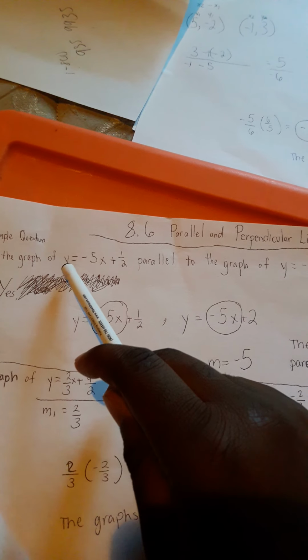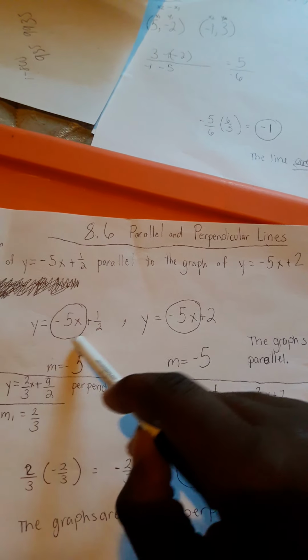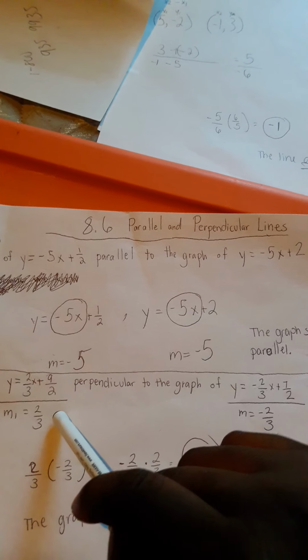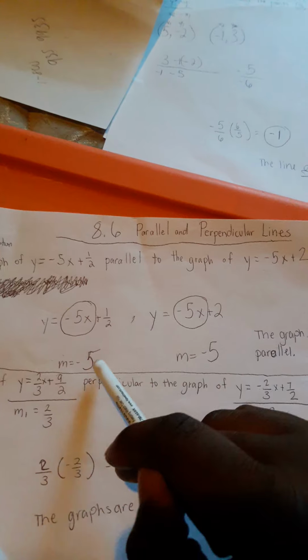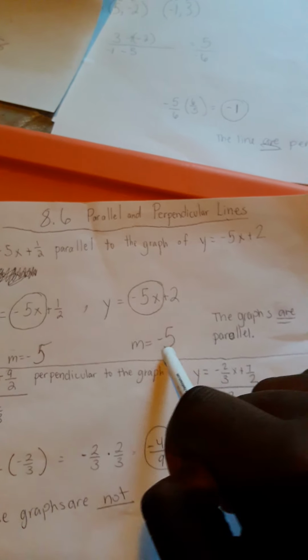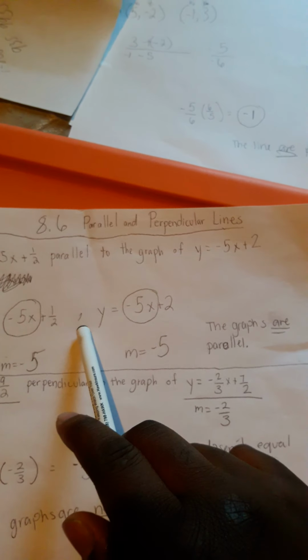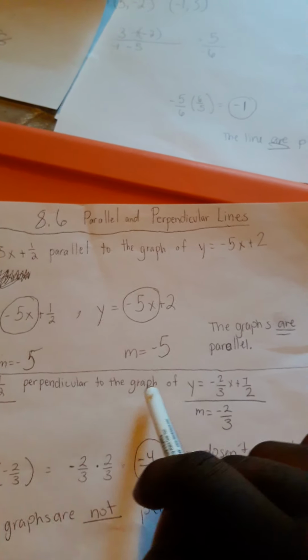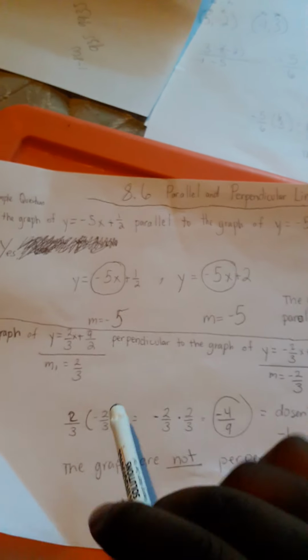So as we can look here, y equals negative 5x, y equals negative 5x. So we both know it's the same. So the slope of this will be m equals negative 5, m equals negative 5. So that's how we know the graphs are parallel, because when something is parallel, they never intersect. So these numbers are the same, meaning they will never intersect.